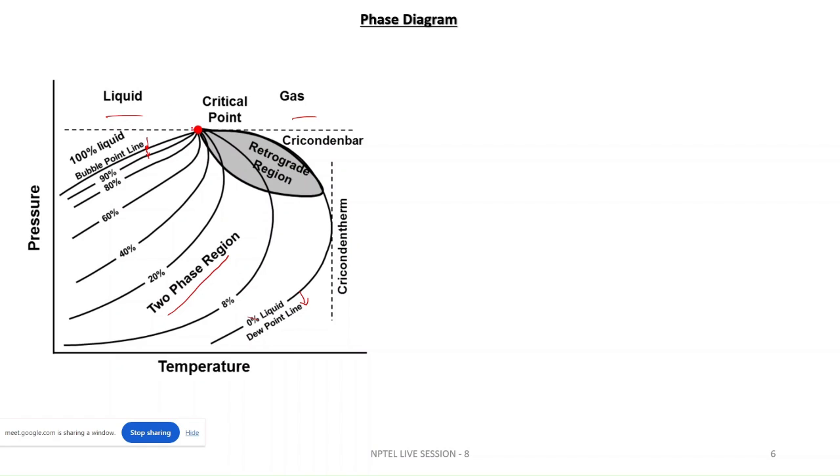Now you can see this red point, that is the critical point. Let me write for better understanding. The critical point is the condition at which liquid and gas are identical.